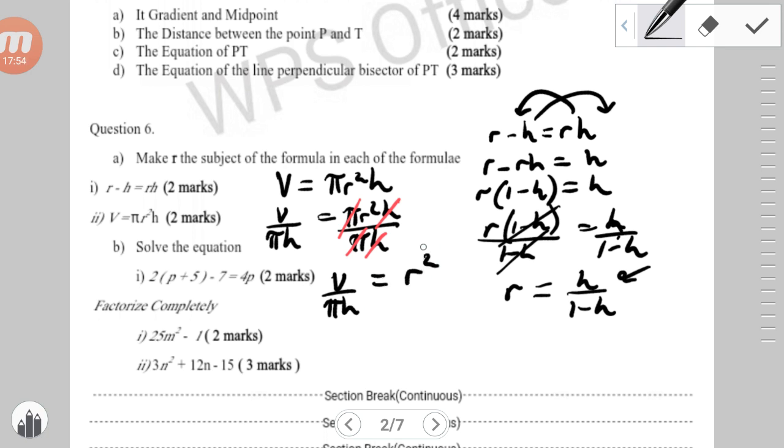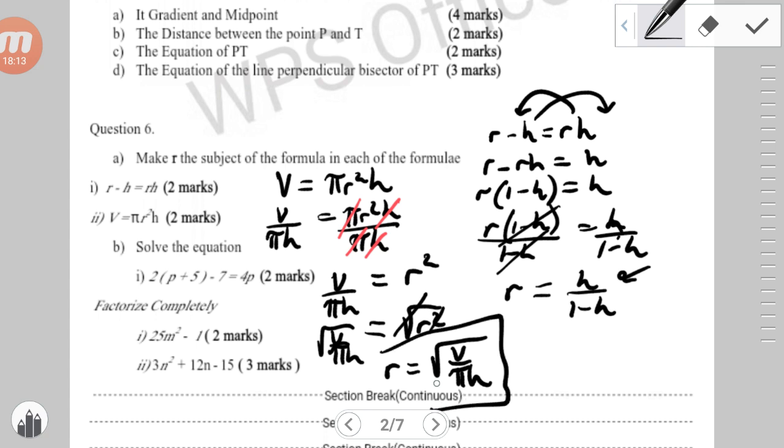Now to get rid of the power attached to the R, we take the square root of R squared is equal to the square root of V divided by pi H. Square root cancels square, so R is equal to the root of V divided by pi H. And that there is our final result.